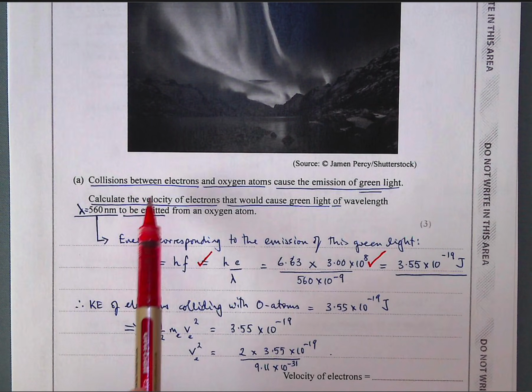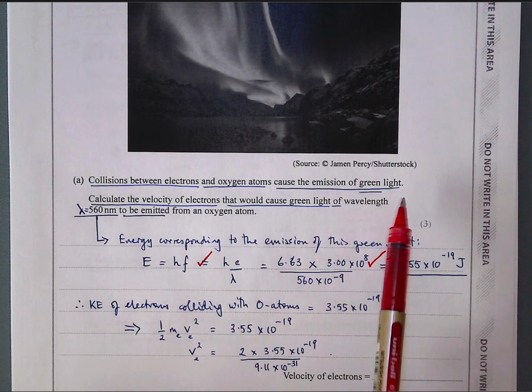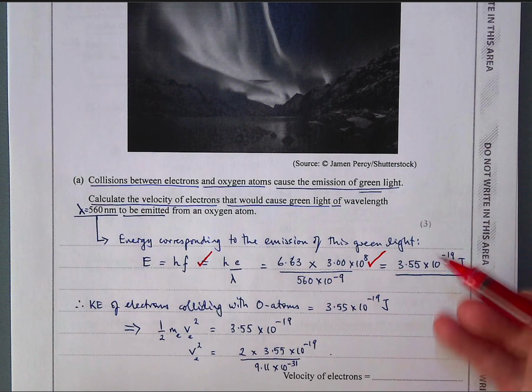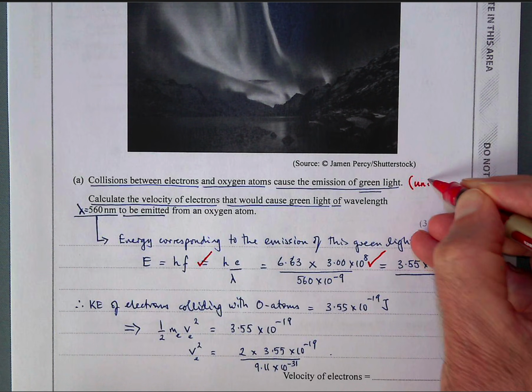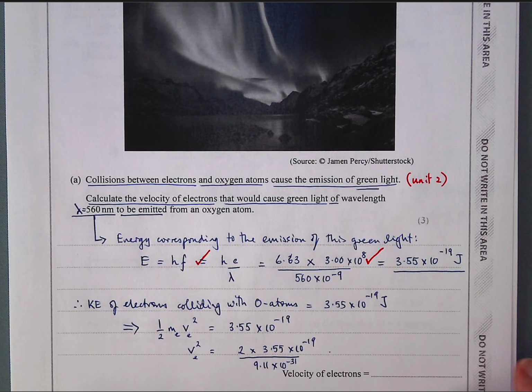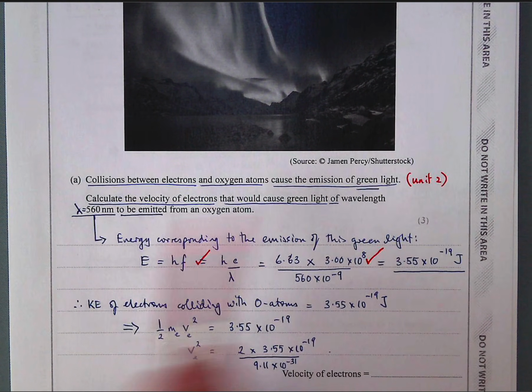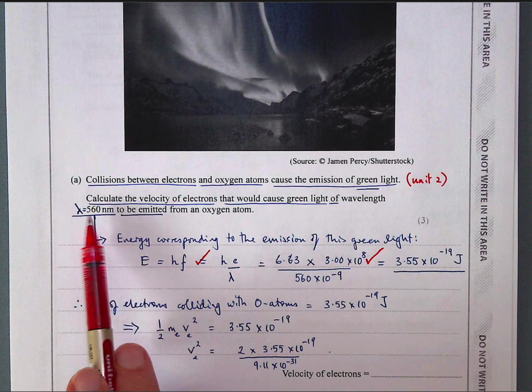Okay, so collisions between electrons and oxygen atoms cause the emission of green light. They're telling us that. So this is revision of Unit 2, spectra. Electrons getting excited and then de-excited is what gives off the green light. Calculate the velocity of the electrons that would cause green light of wavelength 560 nanometers to be emitted.